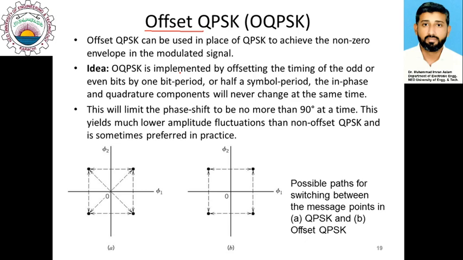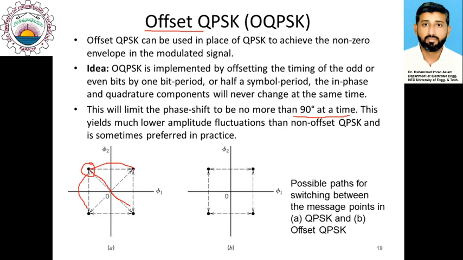So two consecutive bits have some offset, and that offset restricts the transition of phases to 90 degrees. Whenever a new symbol comes in, the maximum possible transition is 90 degrees. For example, if you look at this diagram, if you have this symbol, for the next symbol you can go to this one or this one or this one. So there are all these possibilities.